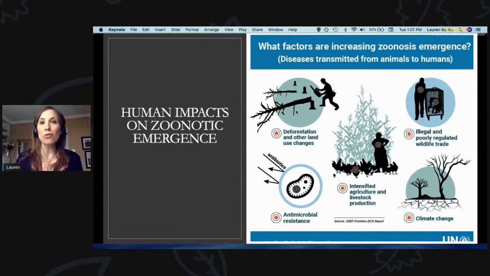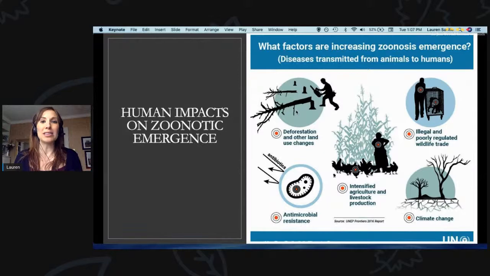When we cut down forests for farming or for housing developments, those animals still need somewhere to live, and we're getting closer to the animals and their environment, so we're more likely to get into close contact.